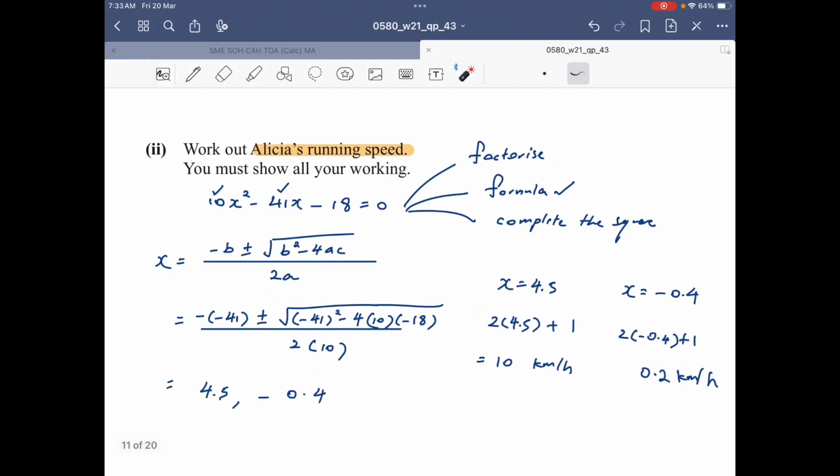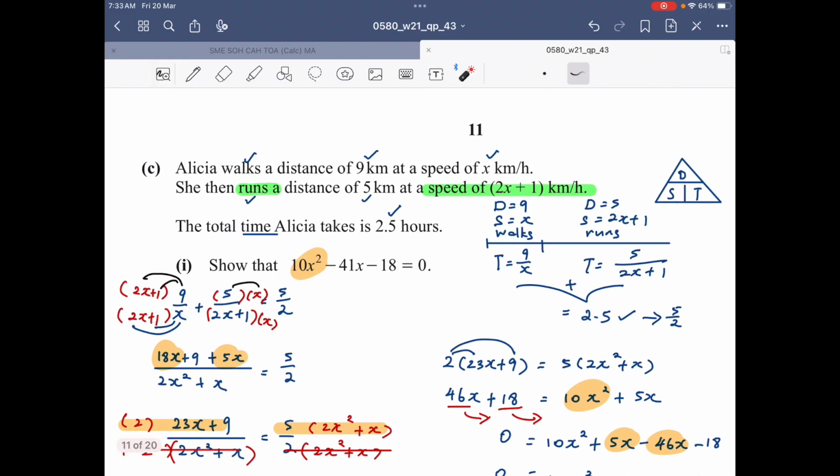So we have to refer back to the walking speed. The walking speed is x km per hour, and you just figured out that x could be 4.5 or negative 0.4. However, you know that speed can never be a negative value. It doesn't make sense. Hence, negative 0.4 cannot be considered as an answer.